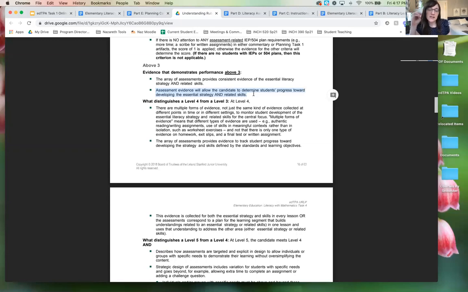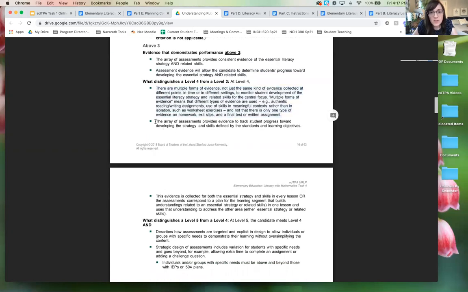I think that the evidence is focused heavily on skills because of the way that the rubric was written. We don't see a ton of check-in on the strategy as a whole. And then multiple forms of evidence, not just the same ones. We just talked about that. Providing multiple points of evidence to track the student's progress in skills and strategy.